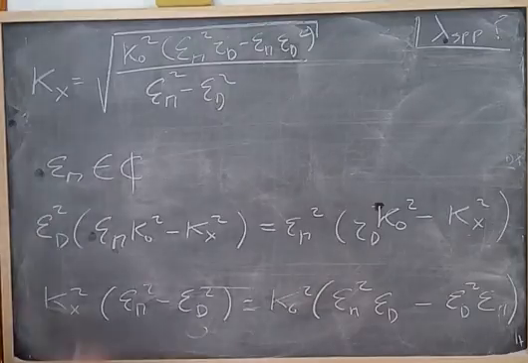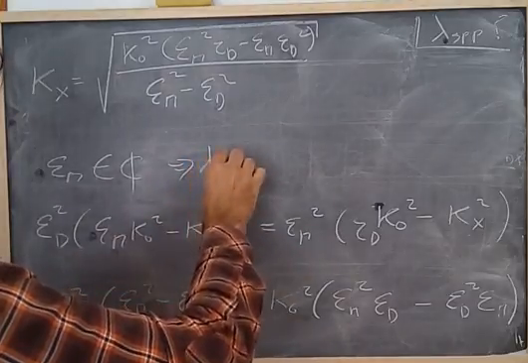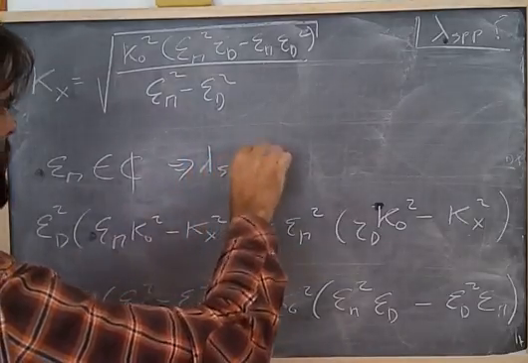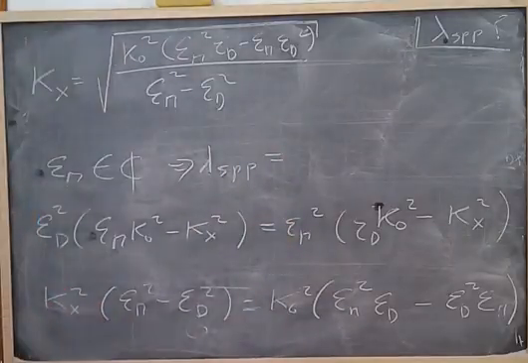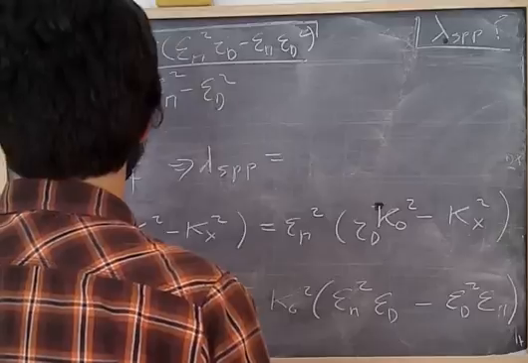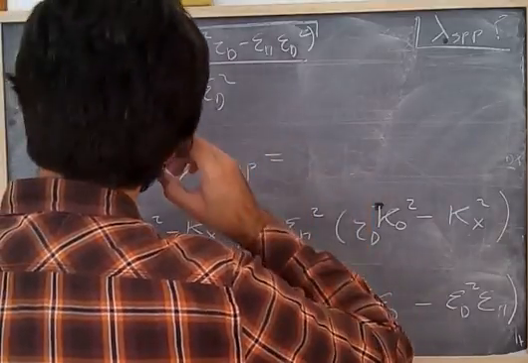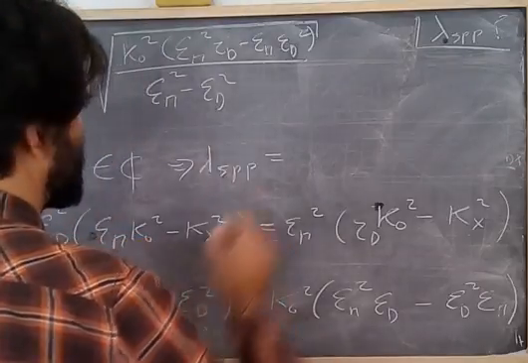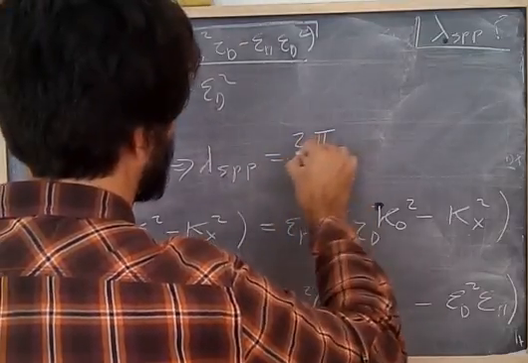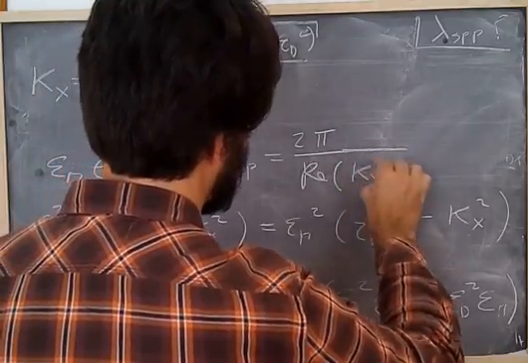So if I want to know the wavelength of a surface plasmon-polariton, I need to pick the real part of the kx.